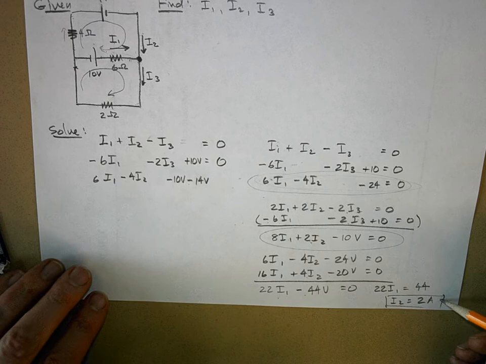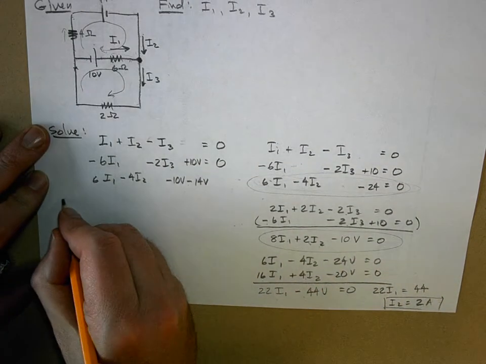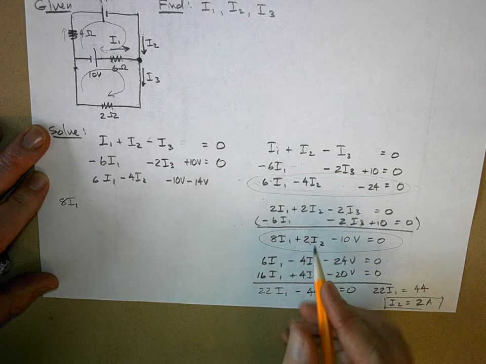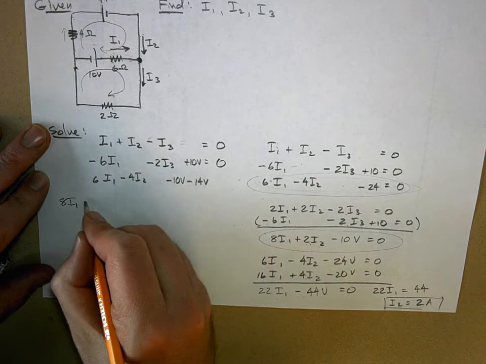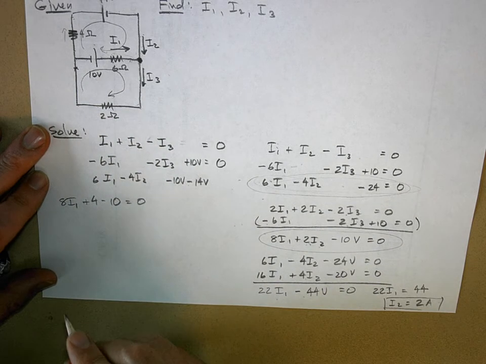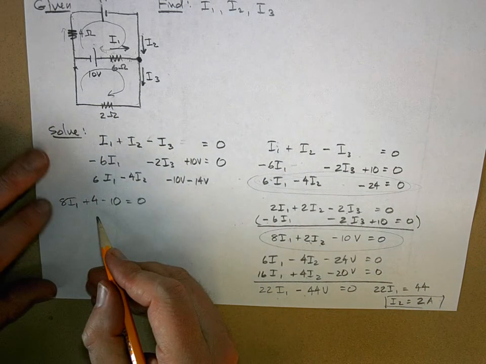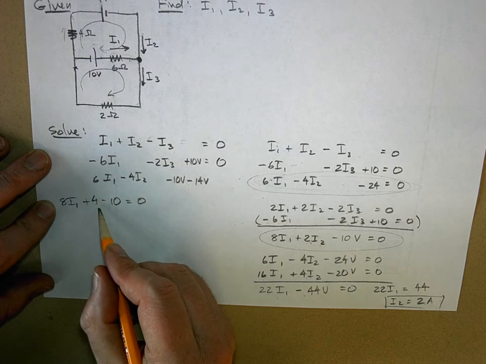Just plug it in here. So let's do that up here. I have 8I1 plus 2 times 2 is 4, plus 4 minus 10 equals 0. So now I can solve for I1. I'm going to put 4 minus 10, that's negative 6. Take it to the other side.